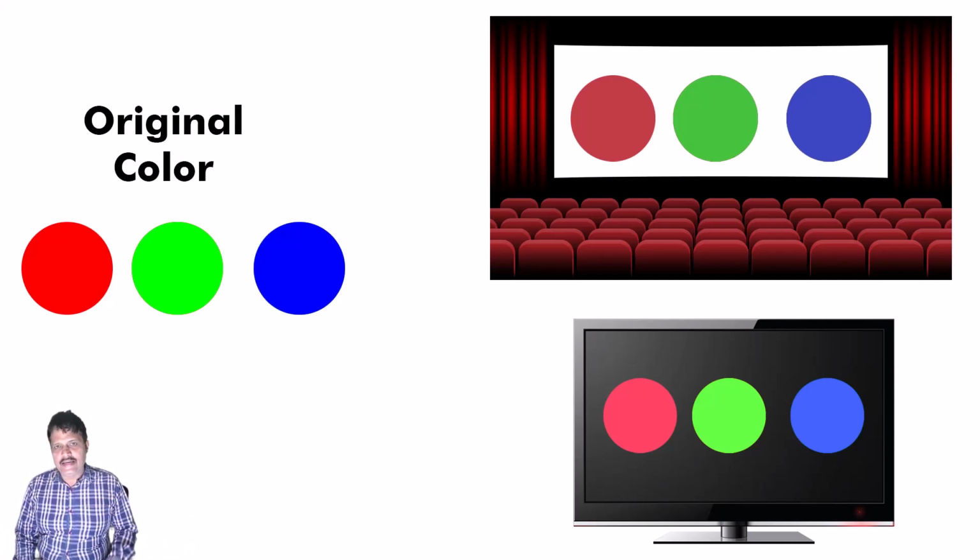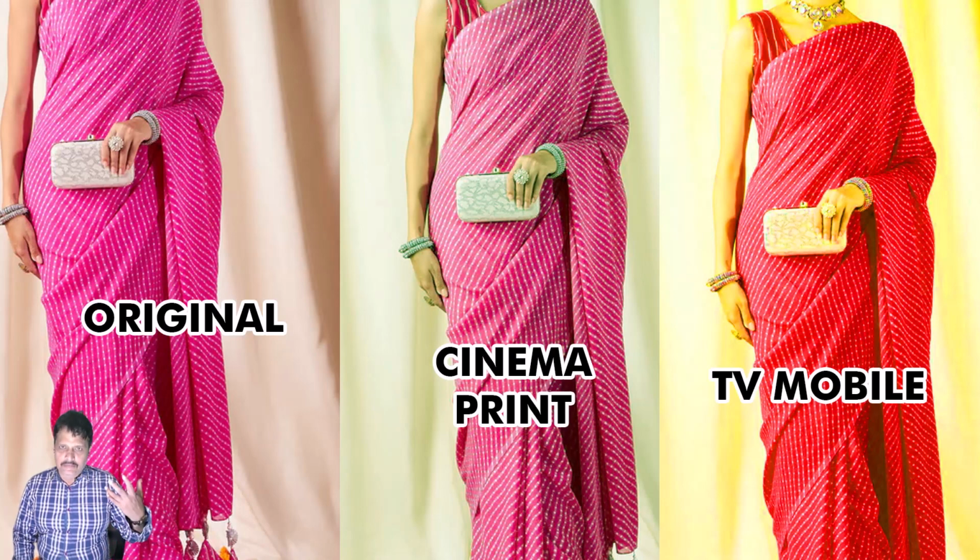To give you the best example, say you are watching your wedding video or some film. You have participated in a wedding and you are watching that video, and you had worn a blue saree to the wedding.